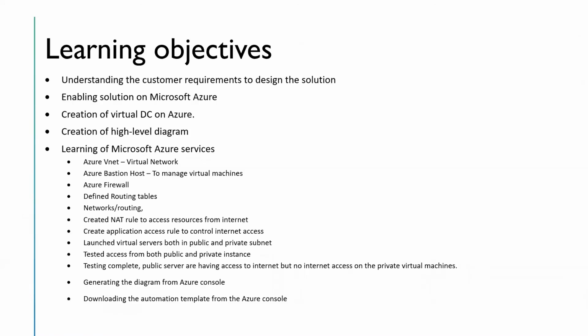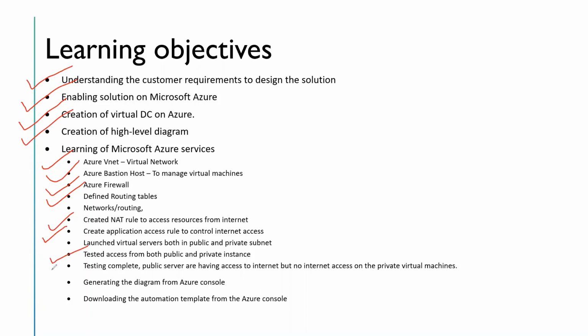The learning objectives here were understanding the customer requirements, what exactly he is looking for. Then we enabled the solution on Azure: creation of a virtual data center on Azure, creation of a high-level diagram, and learning different Microsoft Azure services like VNet, Bastion host, Firewall, defining routing tables, creating NAT rules, and then creating application access and testing the access from both instances.